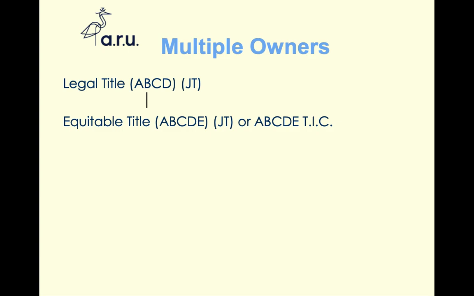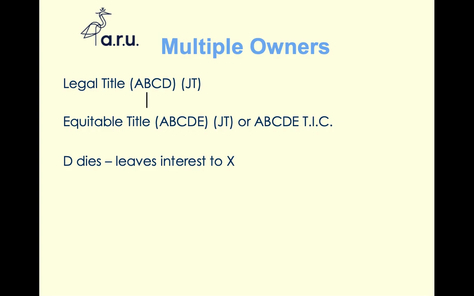Or we could have A, B, C, D, E all separate. There's no brackets, there is no collective, and they're each tenants in common for their own severable share of 20% of the property. They have a 1/5 of the land each in the eyes of equity. We can't have a 1/5 of the legal title. We can have a 1/5 of the property as a beneficiary.